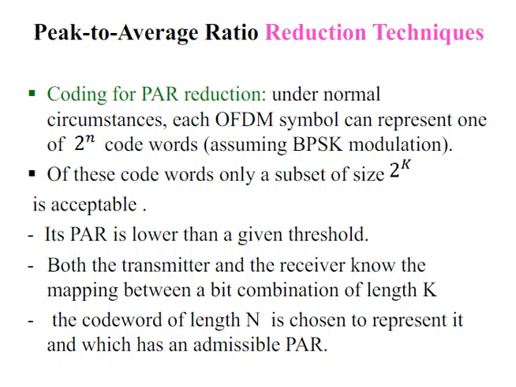Both the transmitter and the receiver know the mapping between a bit combination of length K and the code word of length N chosen to represent it, which has an admissible peak to average ratio.